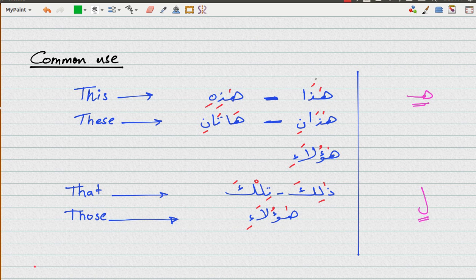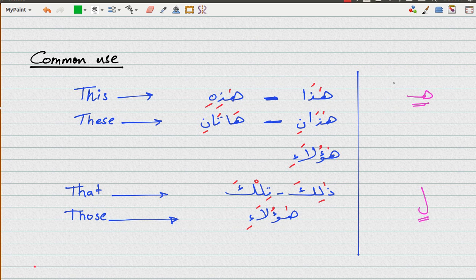Now, notice that the difference between these ones and the ones that we described before is the ha. This ha in Arabic is called ha التنبيه, meaning the ha that is used to draw attention. So basically this letter was added to draw attention.